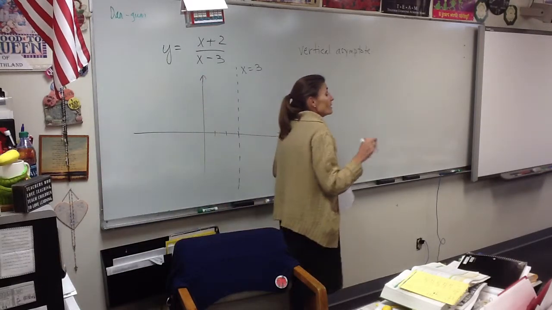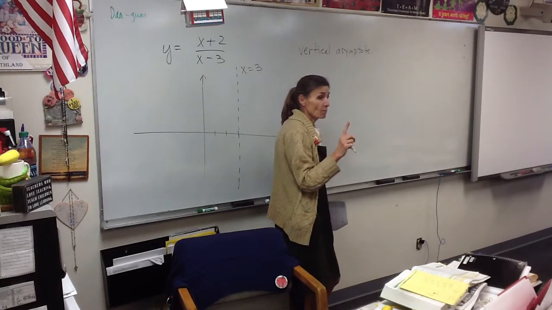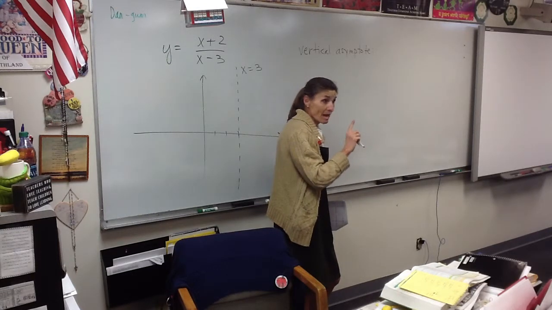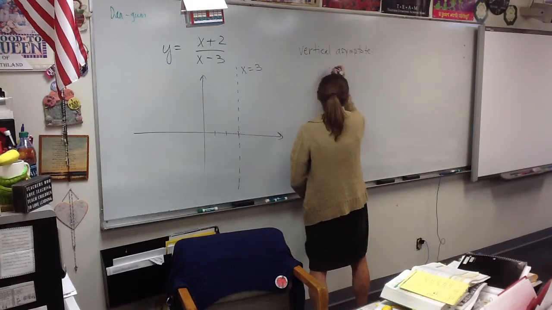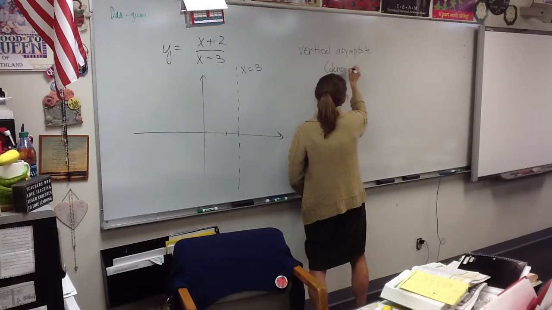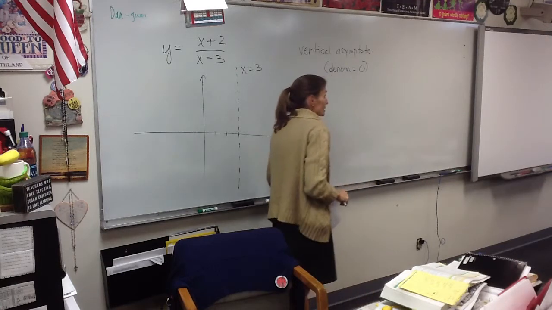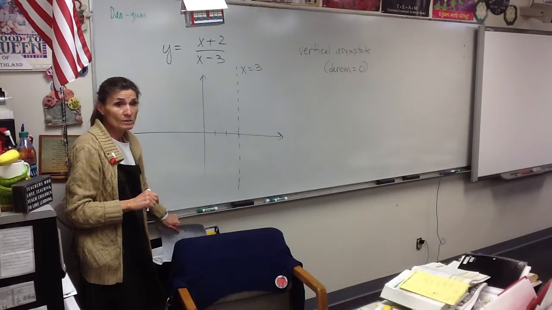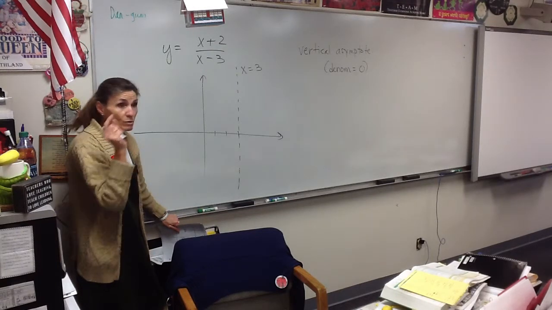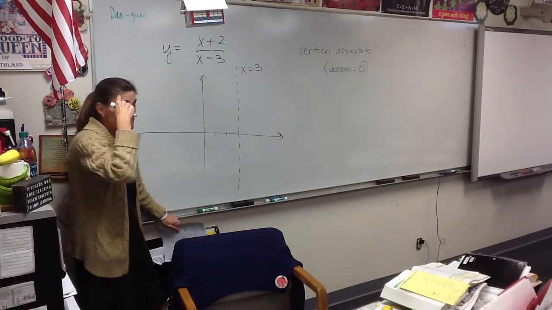So, obviously we've forgotten some stuff we learned before. We're not going to relearn all that. You're going to make a note. Vertical asymptotes, denominator equals 0. So how do you find a vertical asymptote? It's where the denominator equals 0. Okay, you need to know that. So you just memorize that.